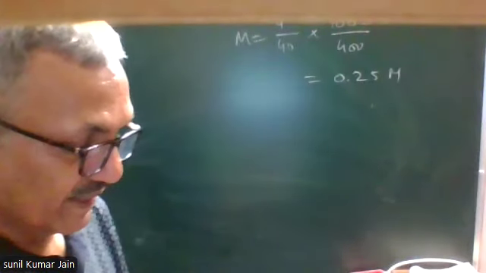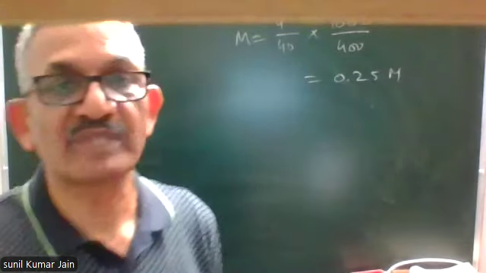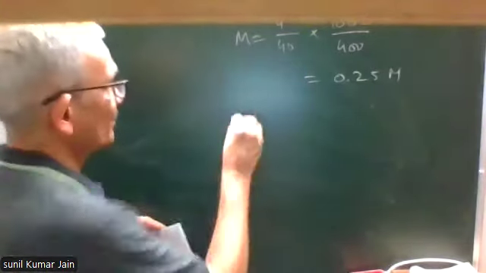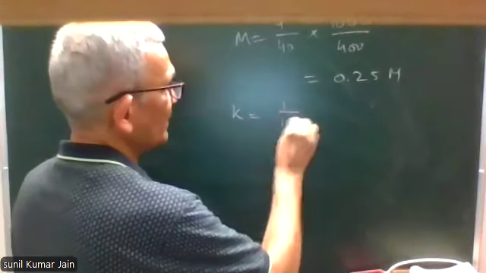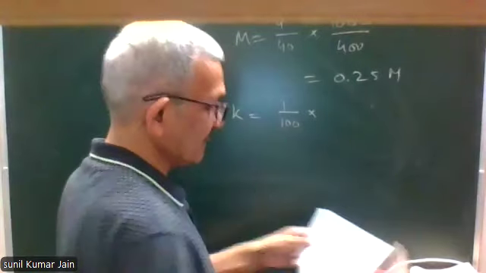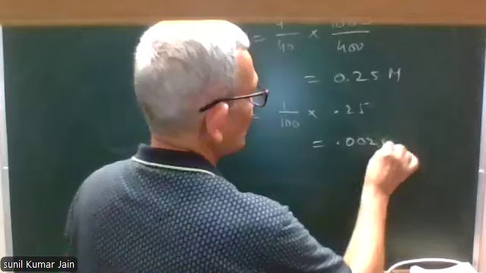Now, we are given cell constant and resistance. From this, we'll calculate the value of kappa. So kappa will be 1 by R, R is 100, into L by A. L by A is 0.25. It will be 0.0025.